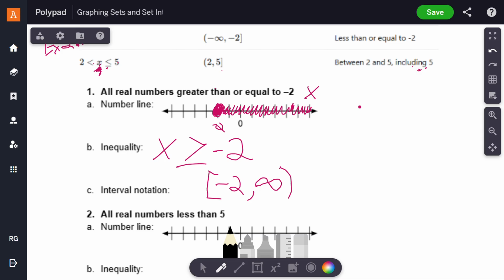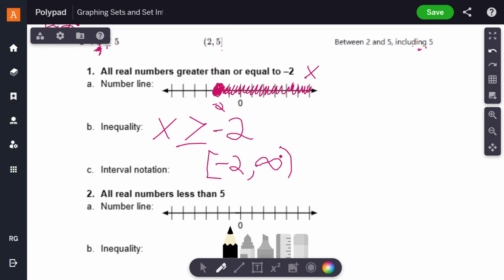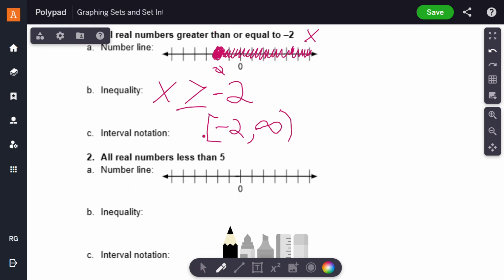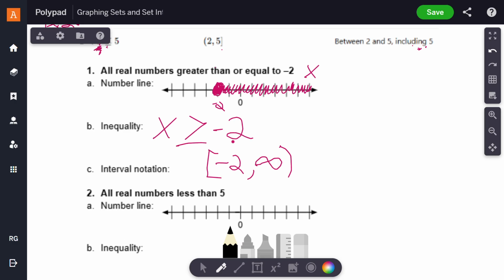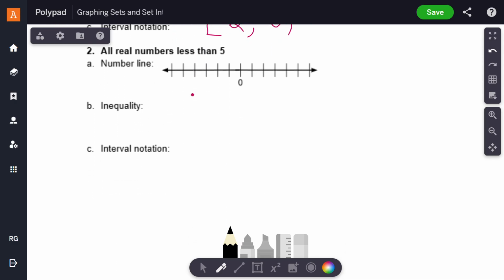And sometimes those numbers do lead to infinite numbers, so you cannot write down infinite numbers. So this notation is a way to express multiple or potentially infinite numbers in a shorthand way that's more clear, more concise, and more efficient. Right, interval notation is probably the most efficient that you can get. Definitely more efficient than writing it on a number line.